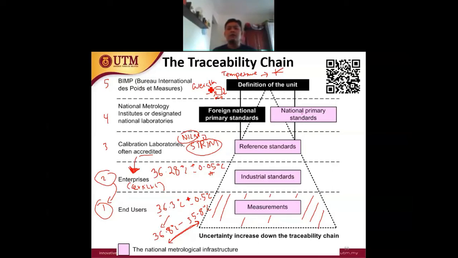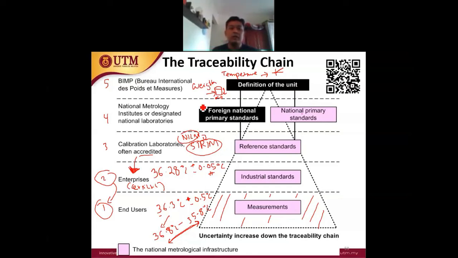But of course, there are many aspects of the definition. One of them is that it must be reproducible. Let's say the weight of 1 kilogram by definition is from a cylinder with a certain height and diameter.